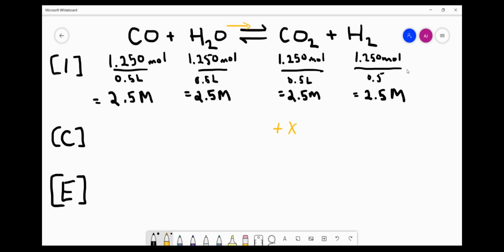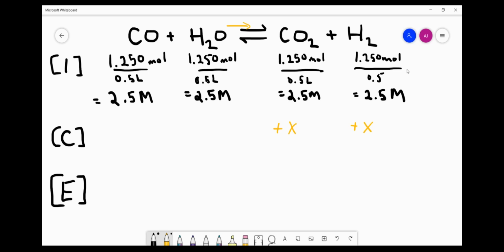And the coefficient in front of X is going to match the coefficient in the balanced chemical equation, which is 1. For every 1 carbon dioxide which is produced, we produce 1 hydrogen: plus x, plus x.